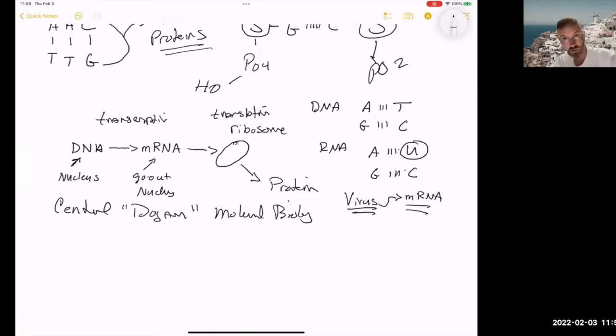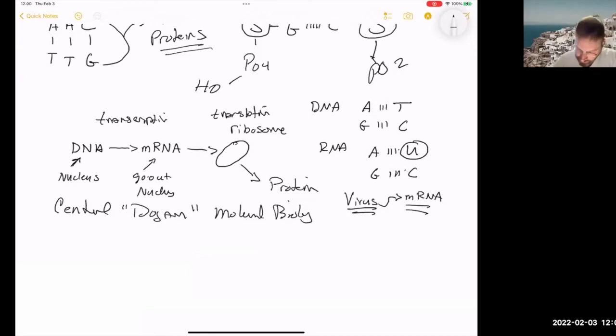It can only go into the ribosomes and get turned into protein. However, some viruses have special proteins that are enzymes that actually catalyze and enable the RNA to get turned into DNA, and that DNA can actually get inserted into the genome, the genetic material of your cells.